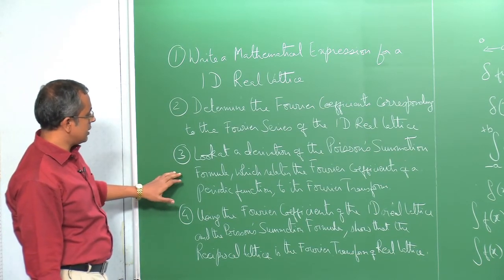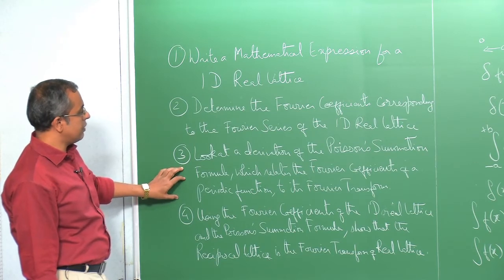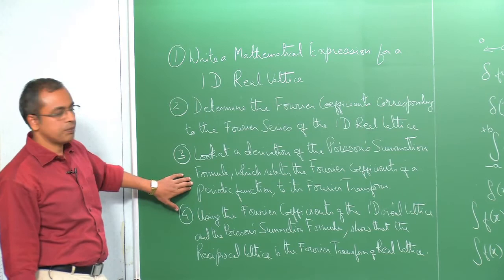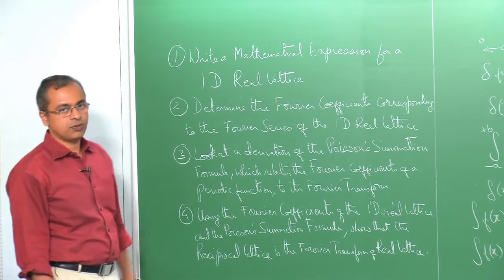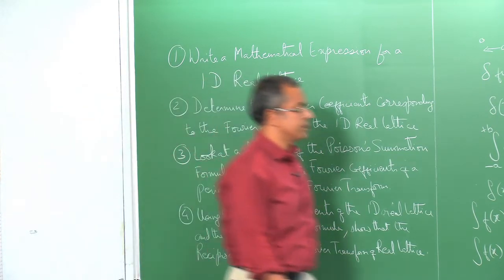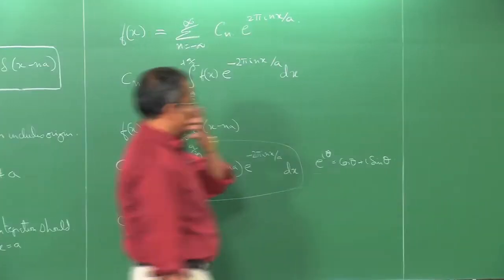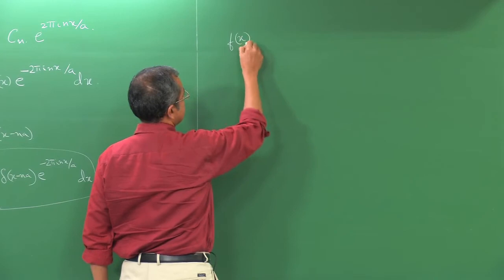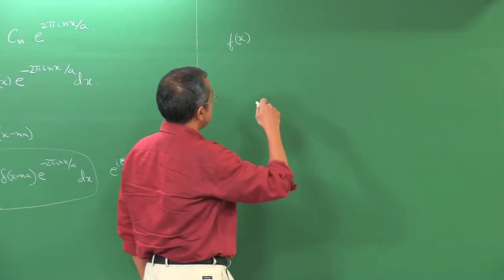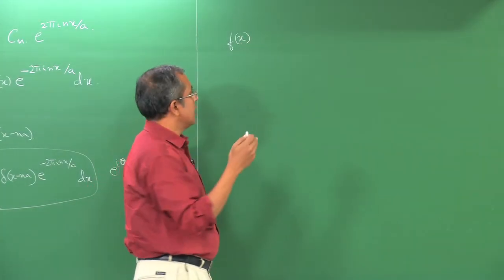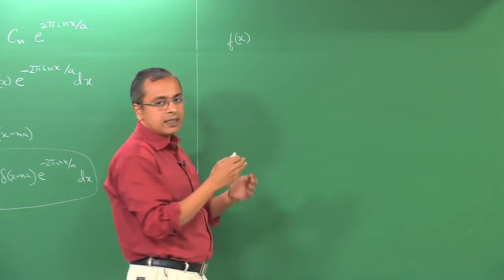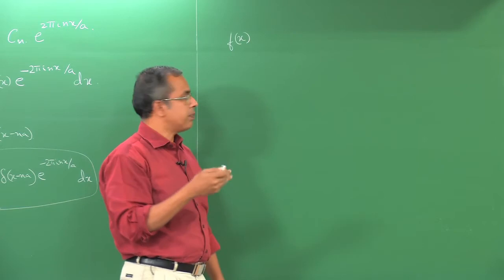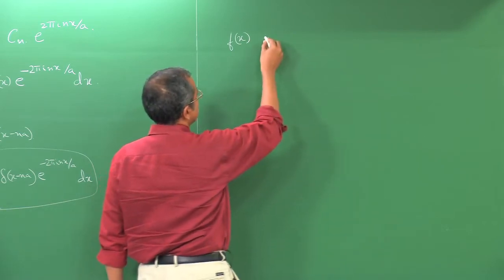Now we are going to look at the third thing, which is a derivation of something called the Poisson summation formula, which relates the Fourier coefficients of a periodic function to its Fourier transform. Okay. So, if you take a periodic function f of x and write it as a Fourier series, it is a sum of an infinite set of terms, all of which have a periodicity 2 pi, and so 2 m pi.